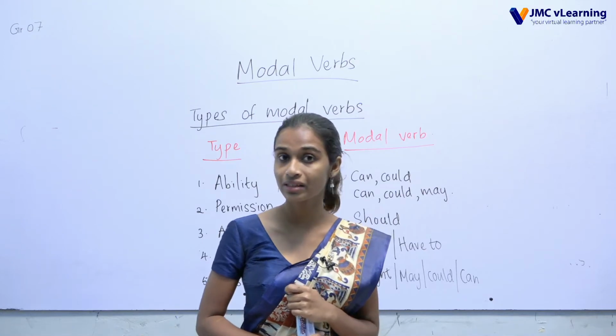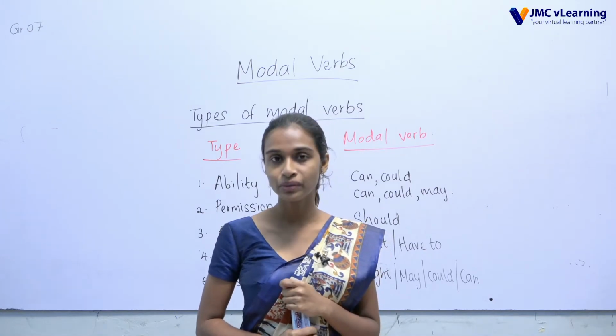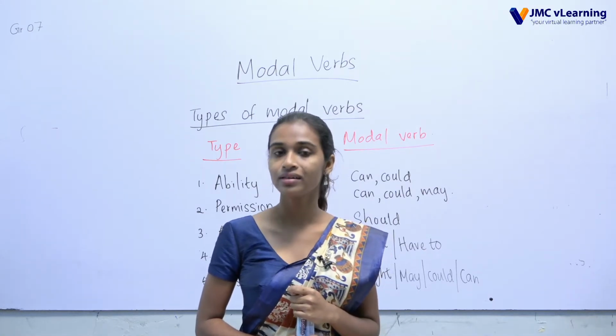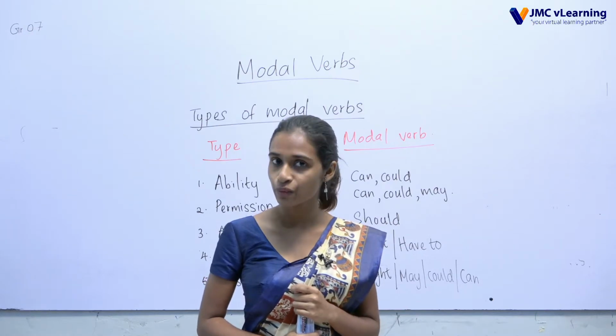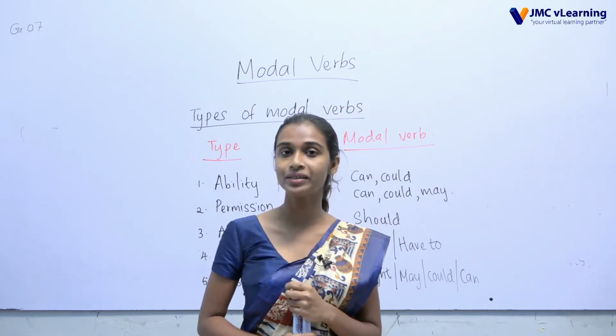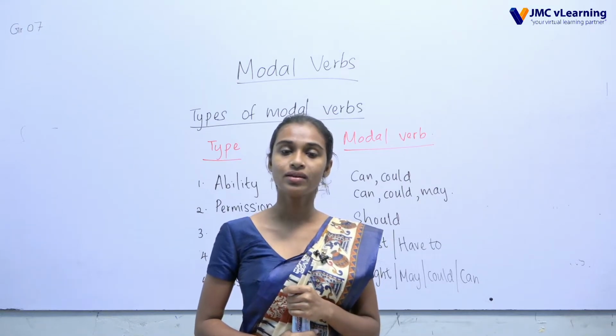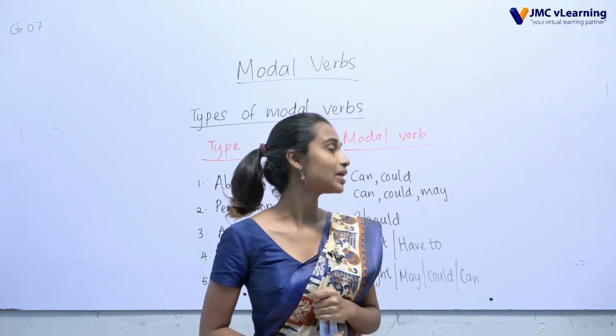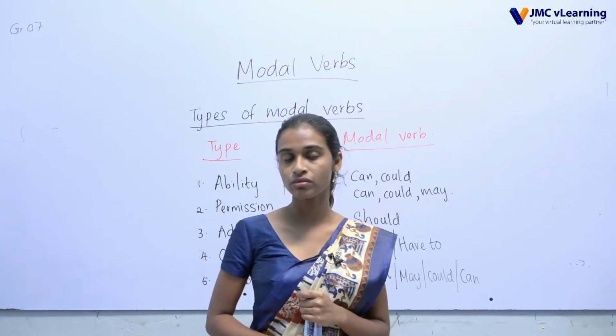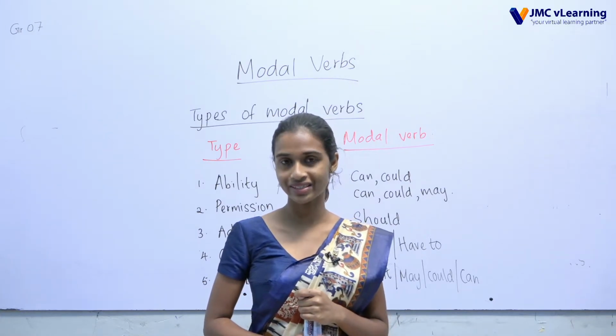So how many auxiliary verbs are there in French? 2 auxiliary verbs, and what are they? Être and avoir verb, right? So we have already completed studying the auxiliary verbs in French, right? Now we are on to the modal verbs in French, okay?